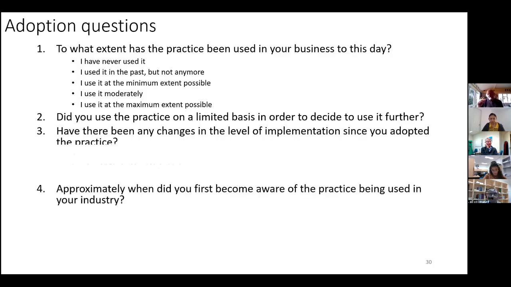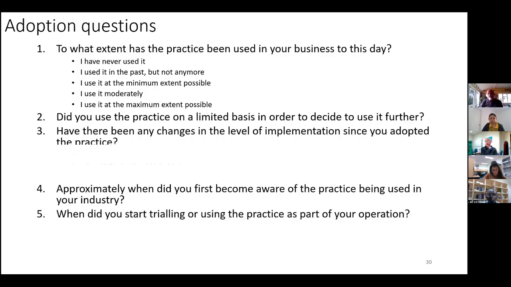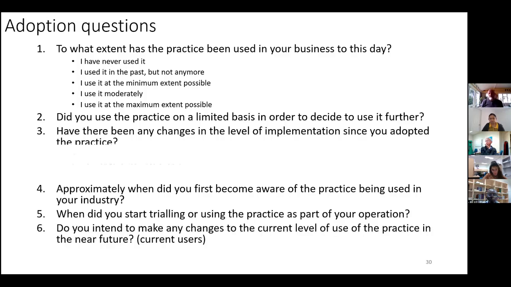And then we ask about a timeline. We ask them to remember approximately when they became aware of the practice. As I say, all of these have been around for about 20, 30 years. And then when did they start trialing or using it? And then whether they were intending to make any changes in the future.